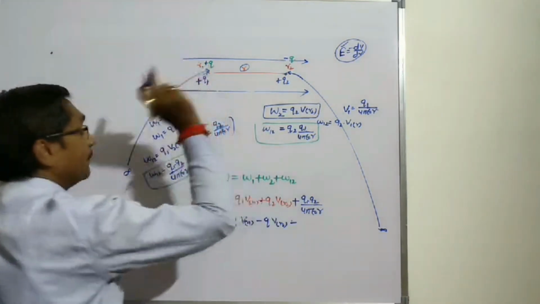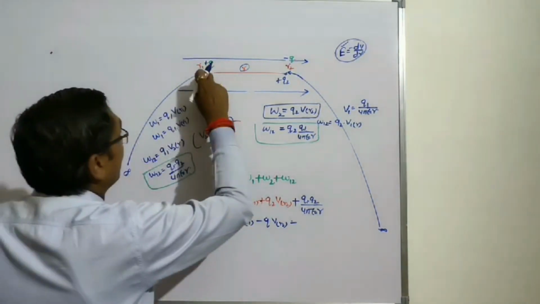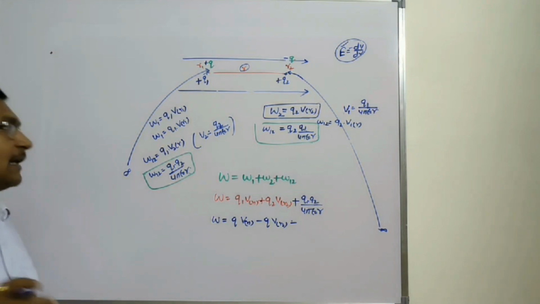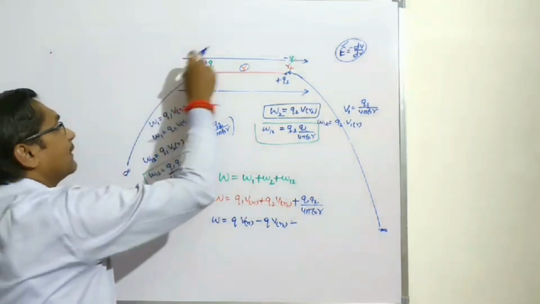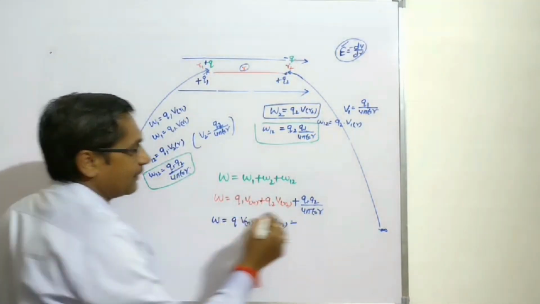In the previous class I told you that the potential energy between two charges is negative when an attractive force is developed between the charges. If two charges attract each other, the potential energy between them is always negative. Here the plus and minus charges attract each other, that's why the potential energy between the charges is negative.